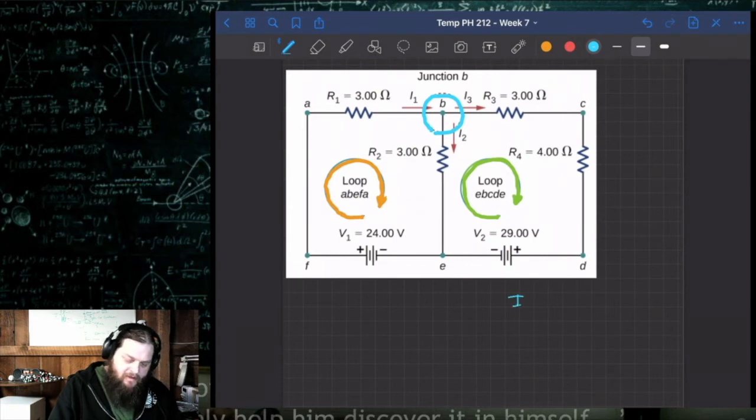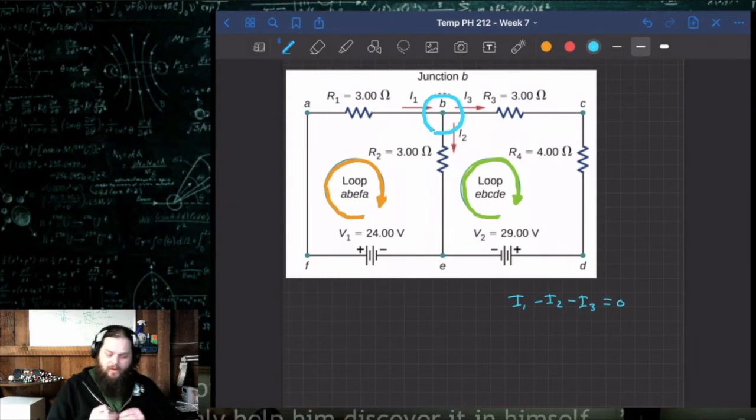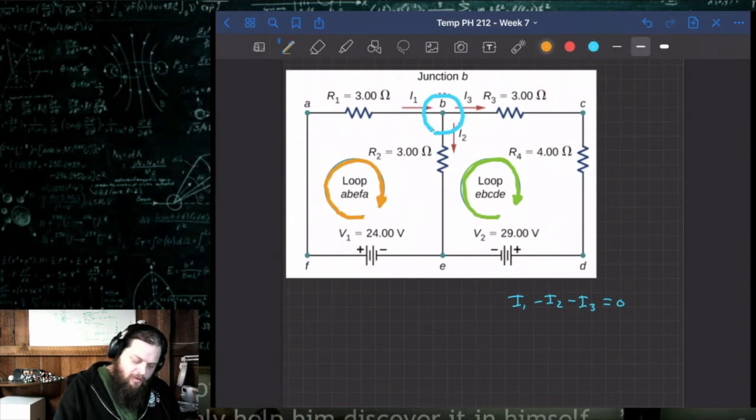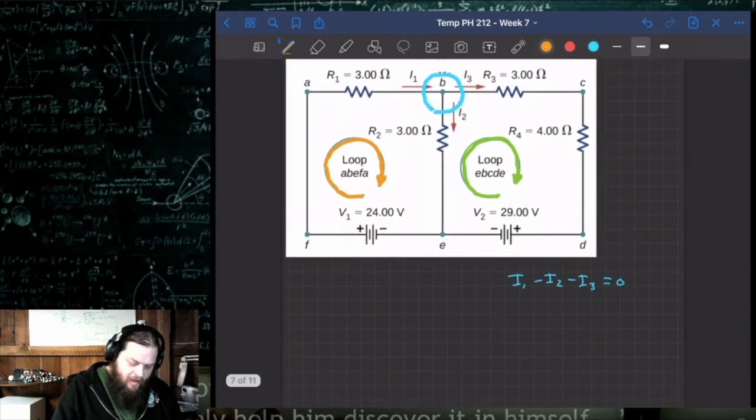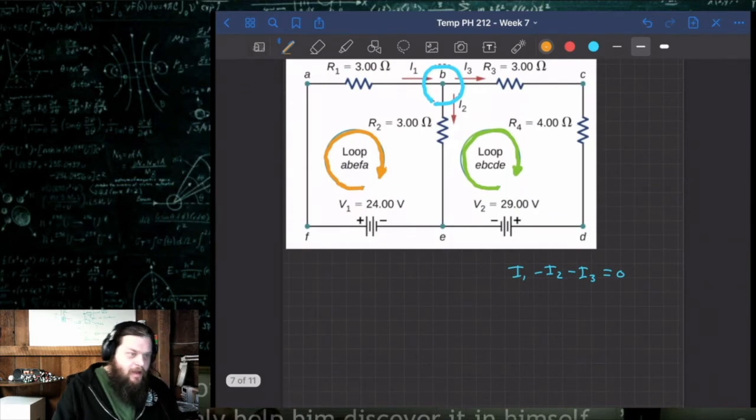In this case, I can say I1 is going into that junction, minus I2 minus I3 is equal to 0. Because I2 and I3 are coming out of the junction, so they have to be negative values. Going around our first loop, A, B, E, F, A, the orange loop, I like to color coordinate. It's a little bit more clear what's going on. And again, I'm going to start with my voltage supply.